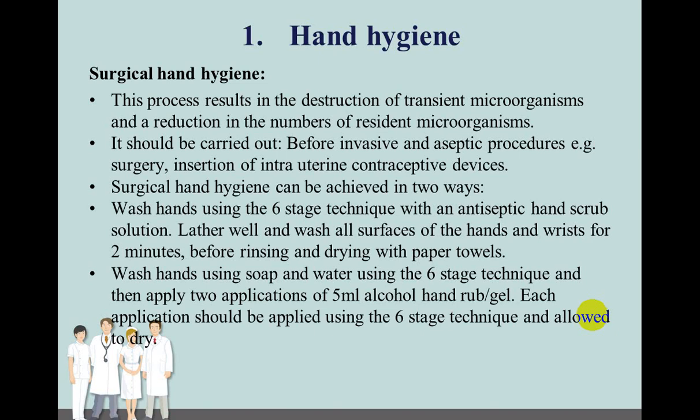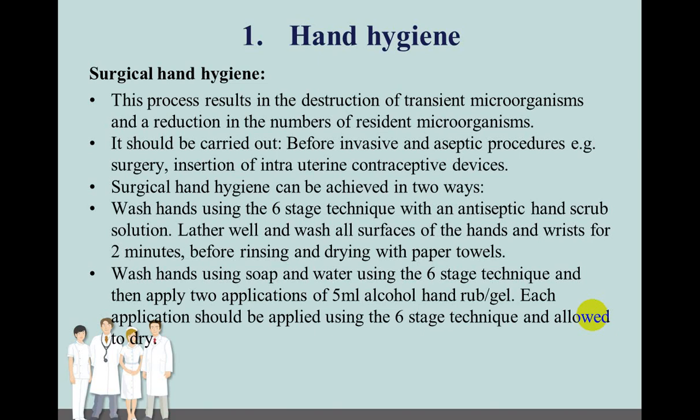Surgical hand hygiene can be achieved in two ways. Wash hands using the 6-stage technique with an antiseptic hand scrub solution. Lather well and wash all surfaces of the hands and rest for 2 minutes before rinsing and drying with paper towels.